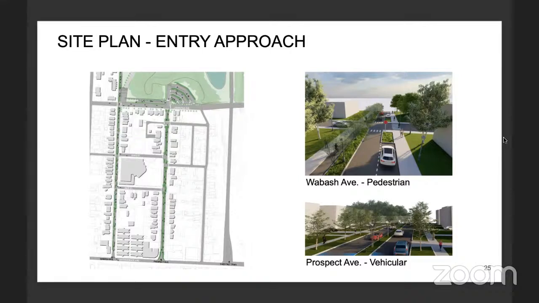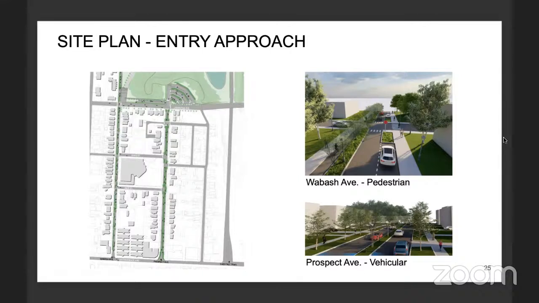In order to provide an extra level of safety, we have decided that Prospect Avenue will become pedestrian oriented. Currently it's a two-way street with on-street parking on both sides. We're proposing that it would become a one-way street headed north up to the park.